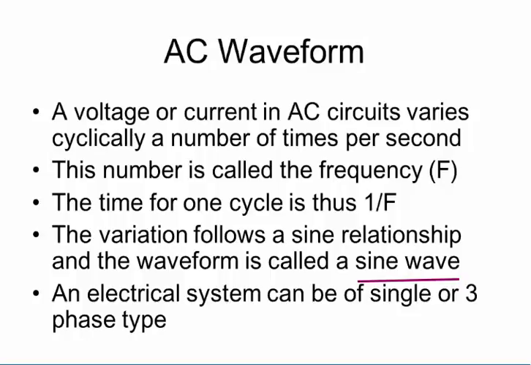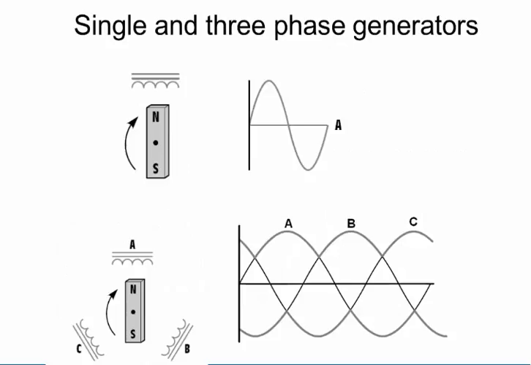So the frequency is what can be determined, and the voltage or the magnitude is worked out a certain way as well. Okay, so what you see when you generate an AC waveform is typically what you see here, and this is seen as a single phase AC waveform.